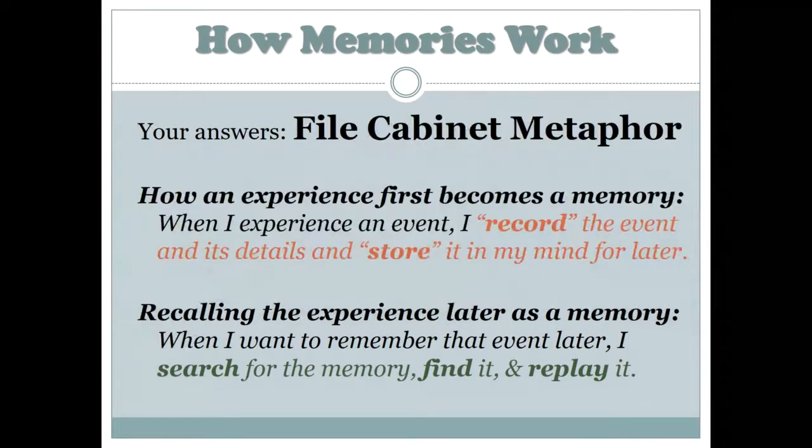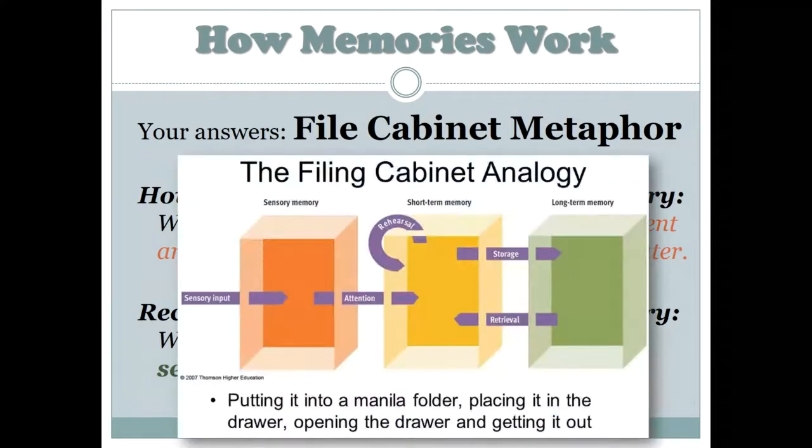So this is a popular metaphor for how memories work. It's the file cabinet metaphor. When you experience an event, you record the event and its details, and store it in your mind for later. When you want to remember that event later, you search for the memory that's stored somewhere in the back of your mind. You find the memory in that memory storage, and you replay it. There's the analogy written out by, I don't know, Thomson Higher Education.